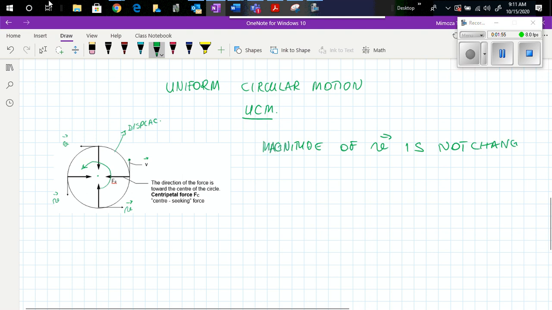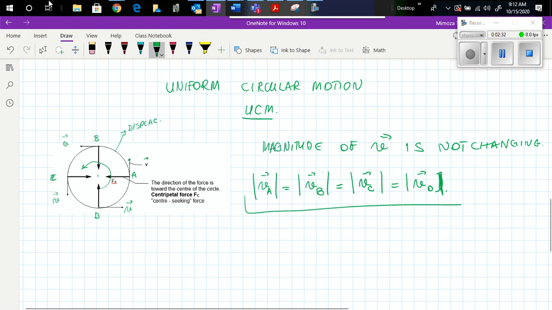So what we are saying here is that the magnitude of the velocity at point A is the same as the magnitude of the velocity at point B, the same as at point C, and the same as at point D. Just from this observation, the word uniform is coming from.